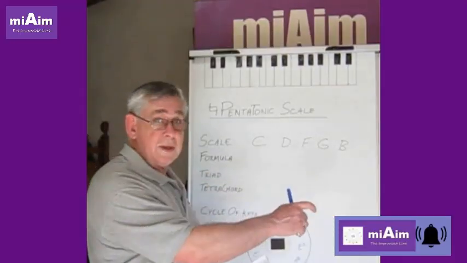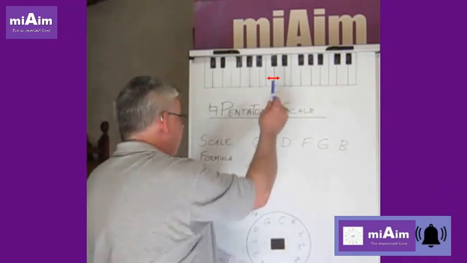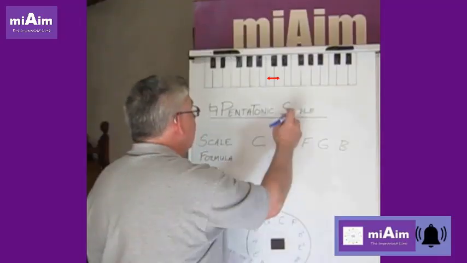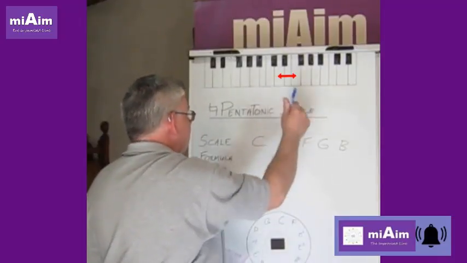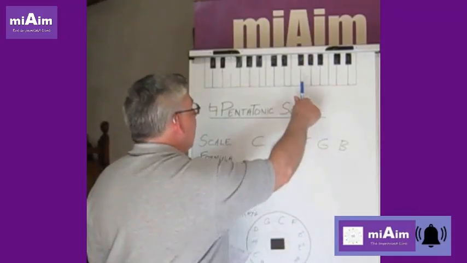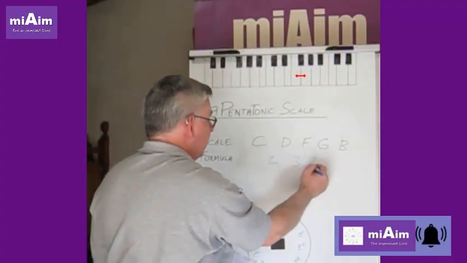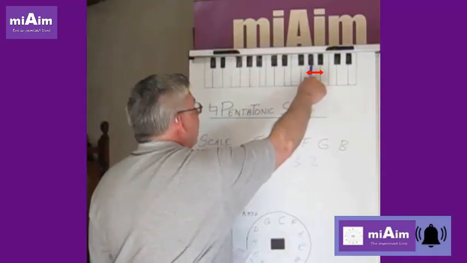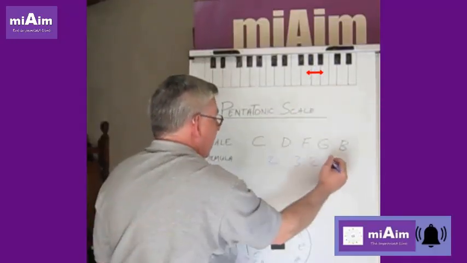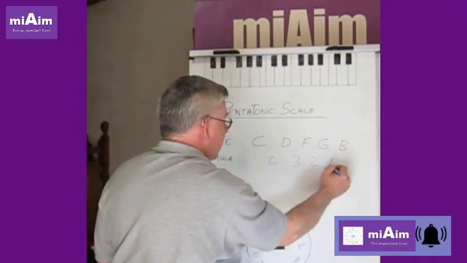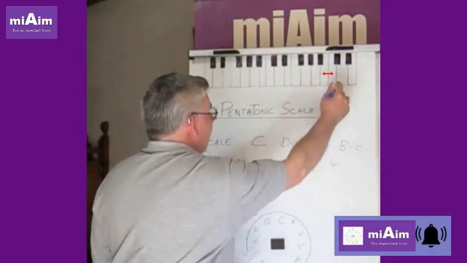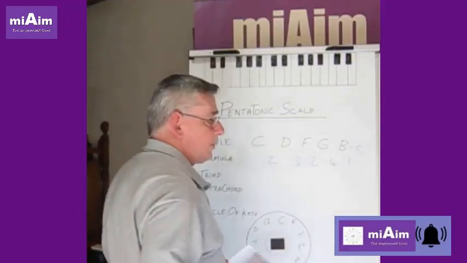The formula for the scale, C to D is a whole tone, D to F is a tone and a half, F to G is a whole tone, G to B is a major third, and B back to C is a semitone.